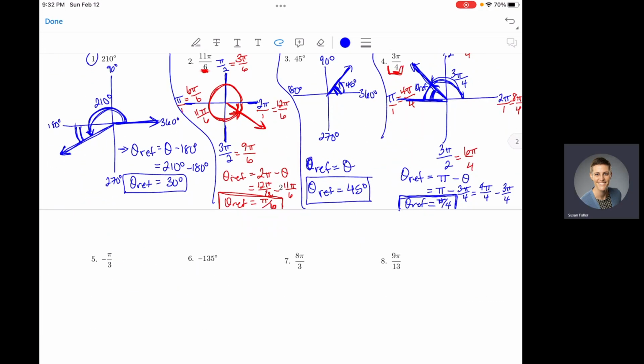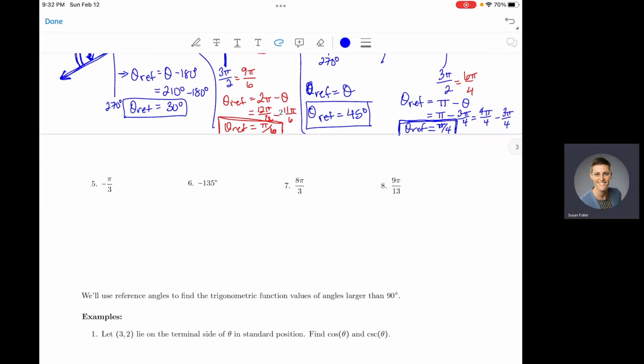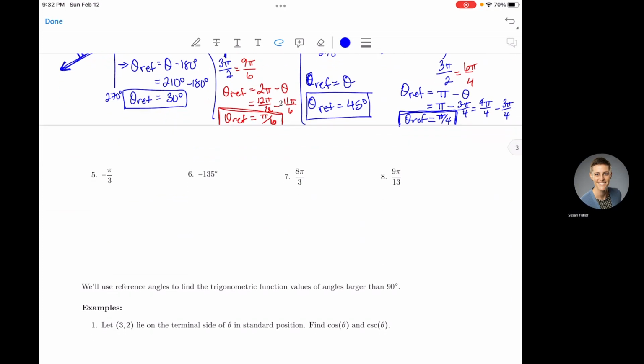With all of these we were positively rotating angles. What if our angles aren't positively rotating? So like number 5, negative pi over 3. How do we find our reference angle at negative pi over 3? Okay, well, let's draw it and figure it out.